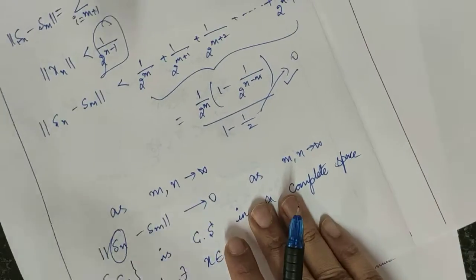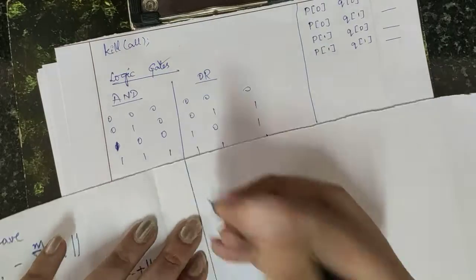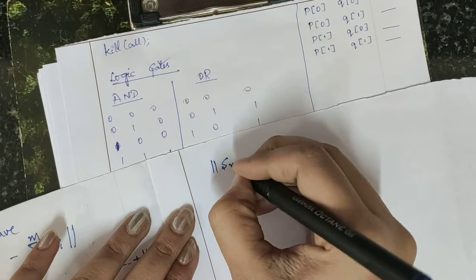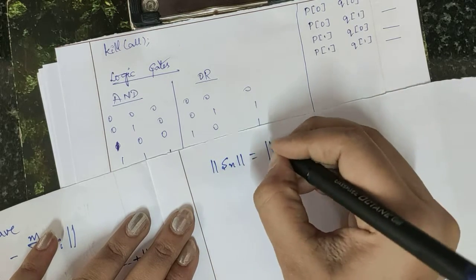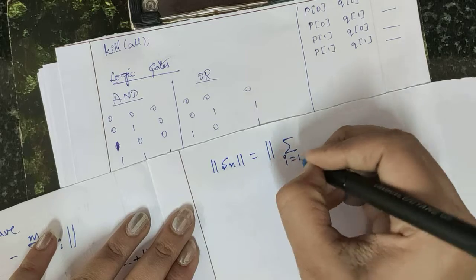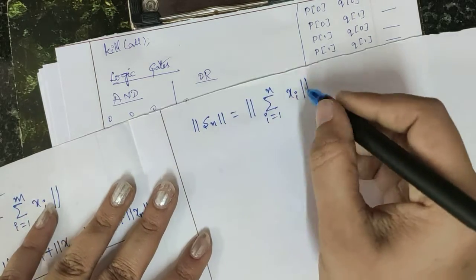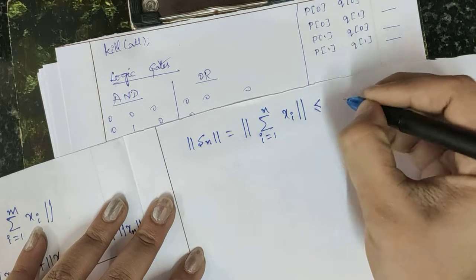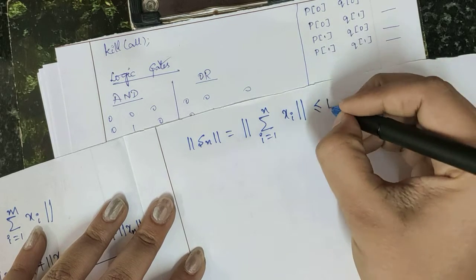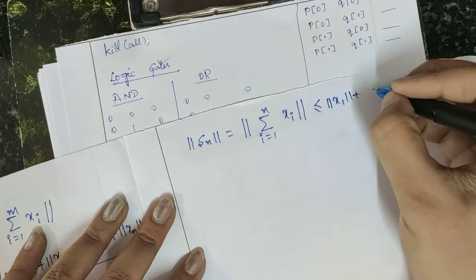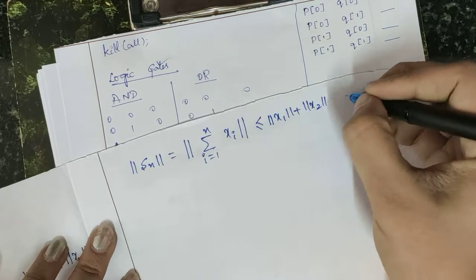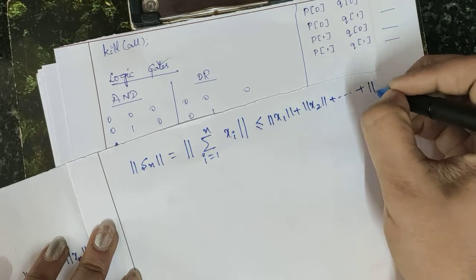Now if I choose norm Sn, this will be equal to norm summation i equal to 1 to n xi, right? If you expand this, the whole term will be less than or equal to norm x1 plus norm x2 plus so on up to norm xn.